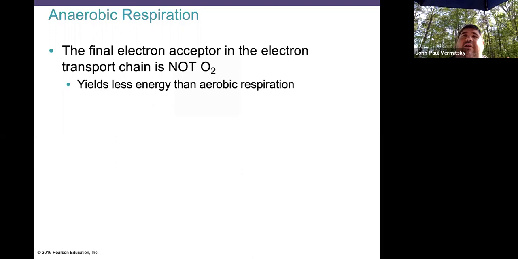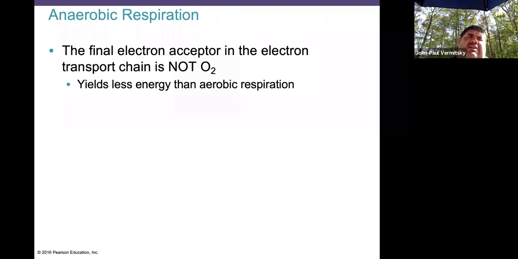Okay? Now, unfortunately, that's a scenario that happens in our cells. We are not capable of surviving on anaerobic respiration. But there are many bacteria that can. What will happen is when they go through glycolysis, they will produce the 2 ATPs net by substrate level phosphorylation. They will produce those 2 NADHs, and they will make their 2 pyruvic acids. So the pathway is the same that we talked about with cellular respiration.